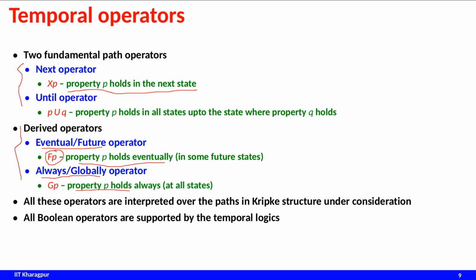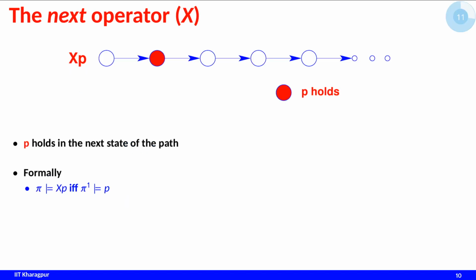And all these operators are interpreted over the paths in the Kripke structure that we are considering. All kinds of Boolean operators are supported by temporal logic, because the basic idea is our propositional logic, which has been extended with this temporal notion and these temporal operators, primarily these four temporal operators.